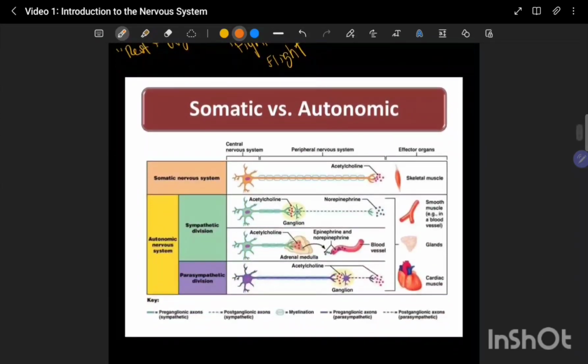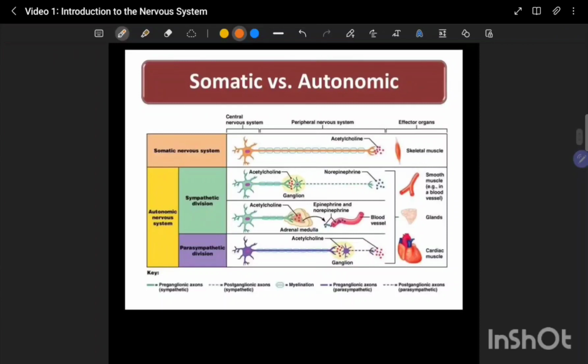Down here we have this really confusing diagram. So what we're seeing here is the layout of the somatic versus the autonomic nervous system. On the left-hand side, we have these neurons. So this chart, if we break it down, it is actually very useful.